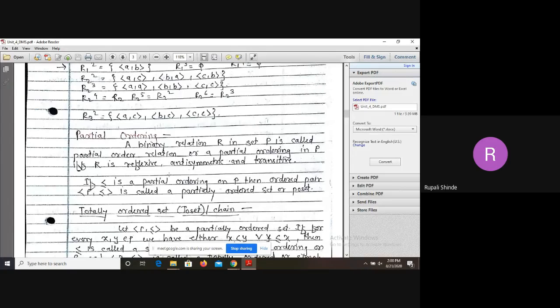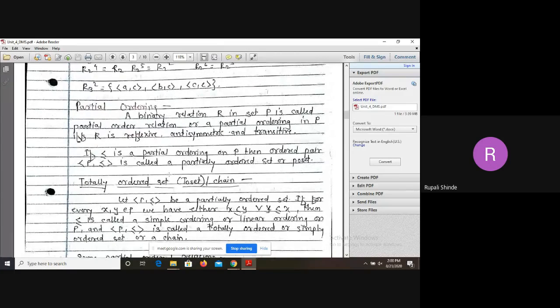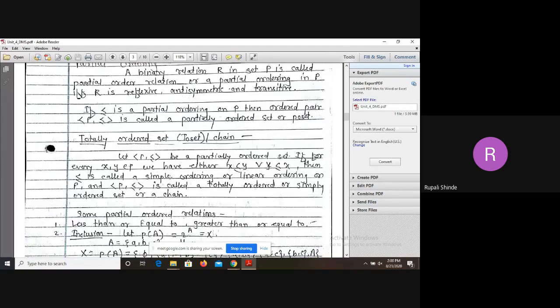Okay. Now, the next concept was toset, that is totally ordered set, or this can be called a chain. So why is this one called a chain? If there are two different elements x and y, now suppose x is less than or equal to y or y is less than or equal to x.